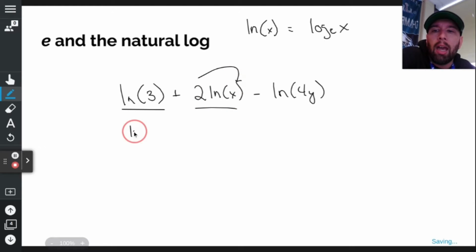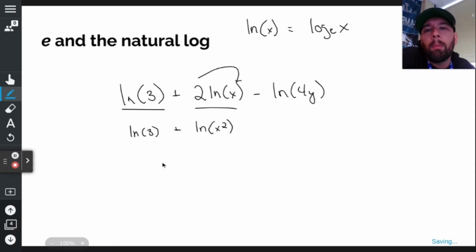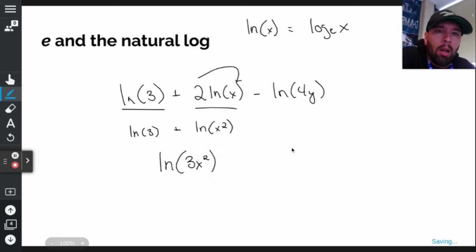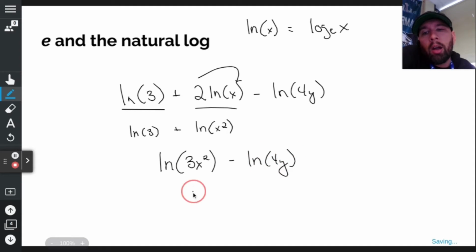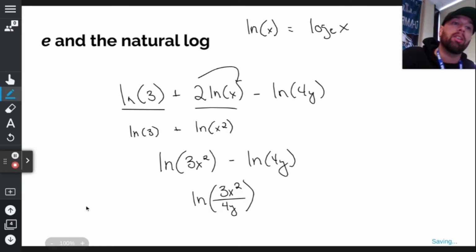This becomes ln of 3 plus ln of x squared. Now we can combine those through multiplication, so you become ln of 3x squared. And then we have this minus ln of 4y just hanging out there. Since you're subtracting them, why don't I divide the insides? Yeah, just like that.